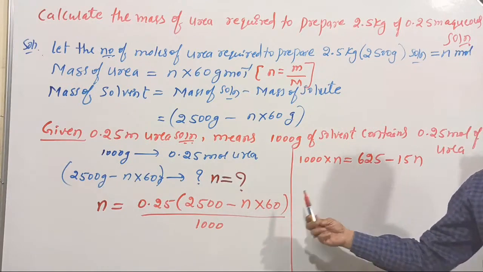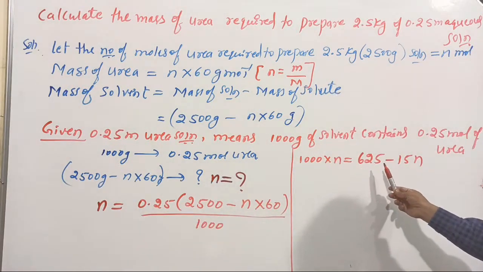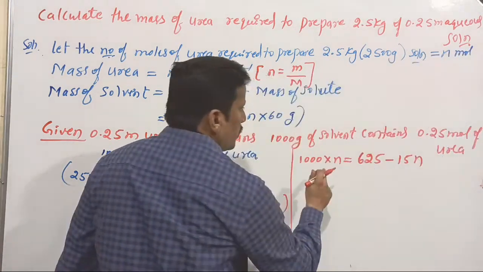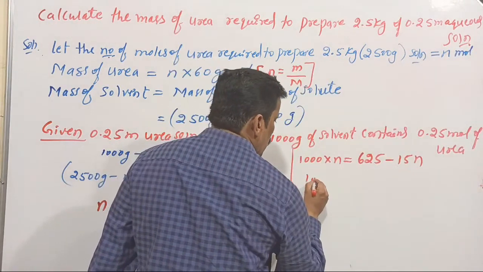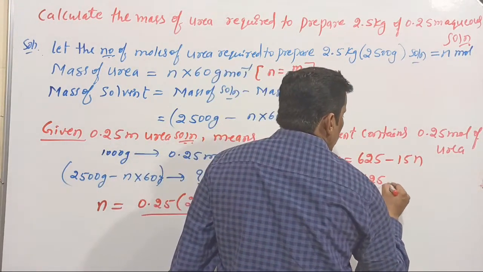I have done cross multiplication. 1000 into n is equal to 625 minus 15n. Then I'll bring 15n this side. So 1015n is equal to 625.